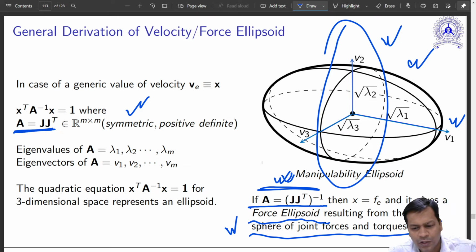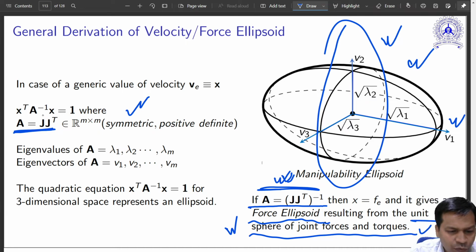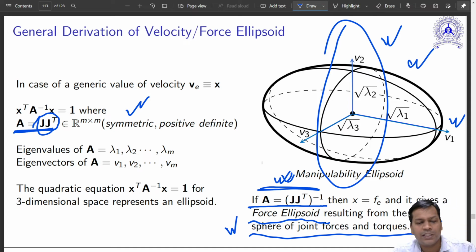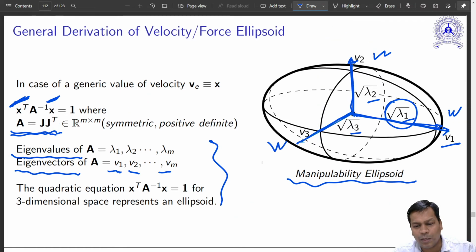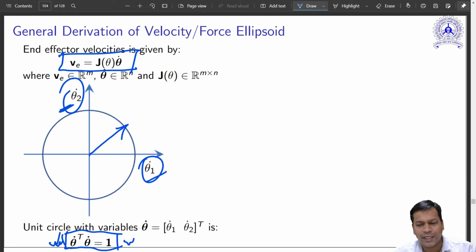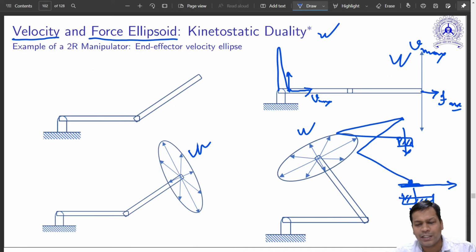Definitely this is not as important as of now, but it gives you a very clear picture of why we use something like this in manipulability analysis: why a robot is able to apply more force in one direction and more velocity in the other direction. Extremes we can analyze.